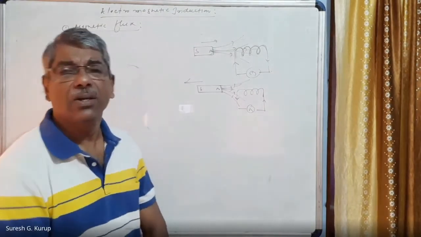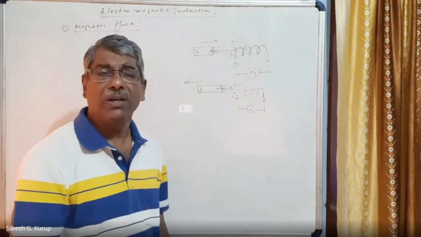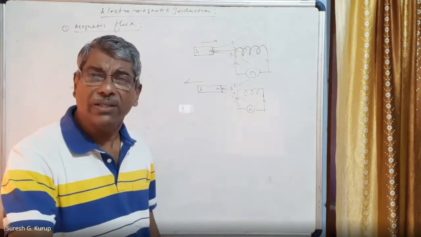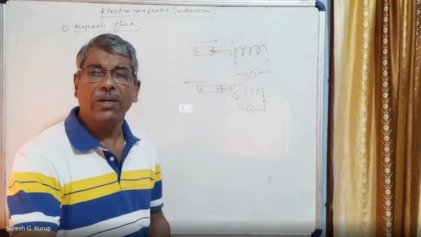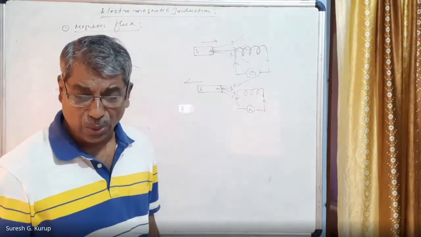That is shown by the galvanometer. This is what is called electromagnetic induction. The EMF induced is called induced EMF, and the current so created is called induced current.